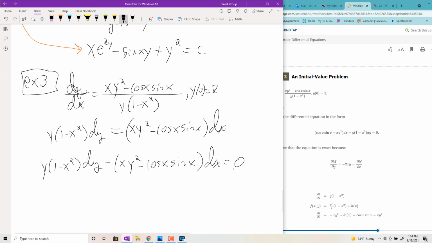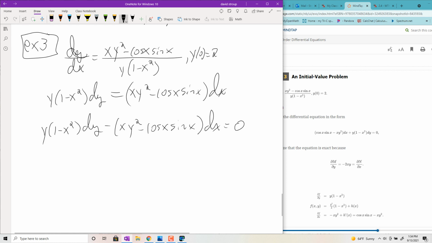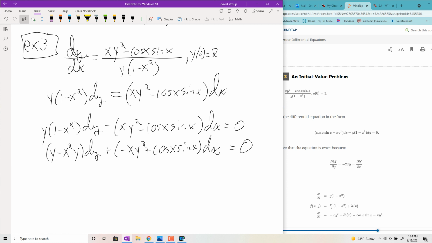Let's go ahead and distribute stuff. It'll just make it easier when we take derivatives, with less probability of mistakes, at least for me. Anyways, what I'm doing is getting it into the standard form of an exact equation, and now it's easier to identify the m and the n.